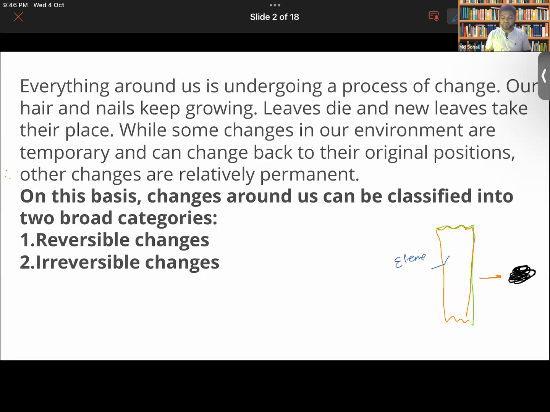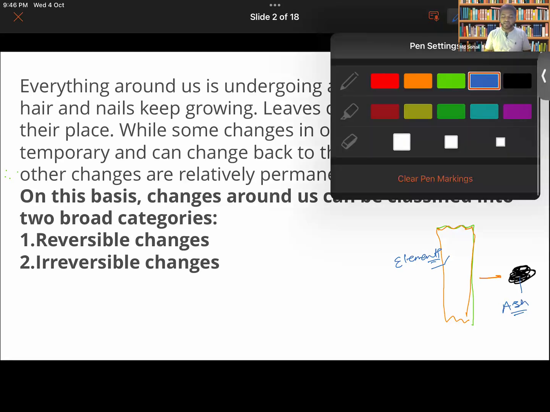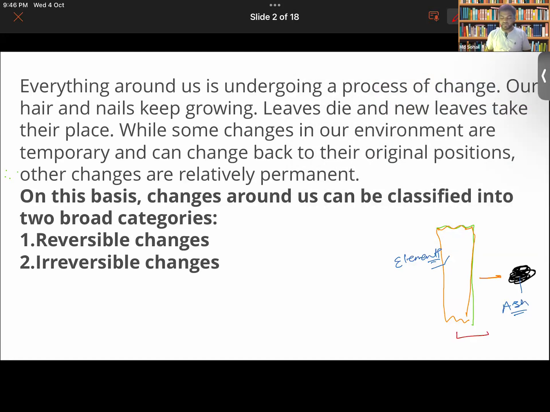Different types of elements make up the wood, and the elements present in the ash are different. Why? Because a chemical change has occurred here. So wherever a chemical change occurs, it's an irreversible change. Is the thing getting clear to you?